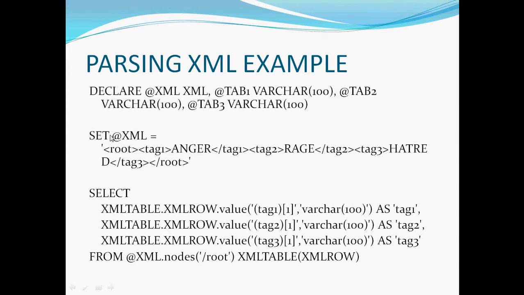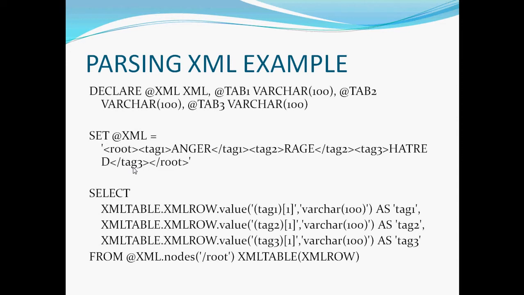As you can see, I set the XML variable to XML input I made. It has a root tag of root. The first tag, tag 1, is anger, tag 2 has the value of rage, and tag 3 has hatred in it. Angry words, right? But I was reading a book, so I got that out of the book. It was just about this character I was reading about.